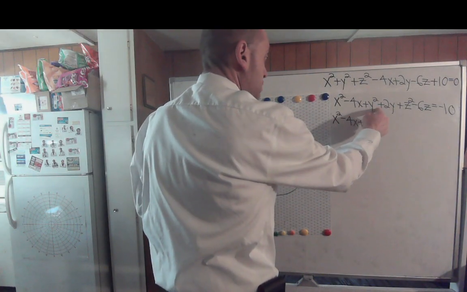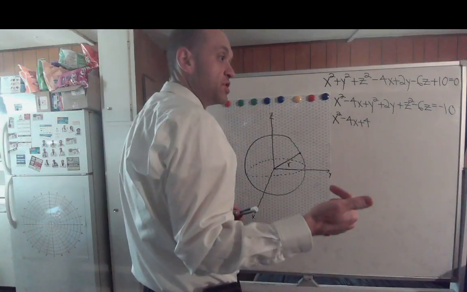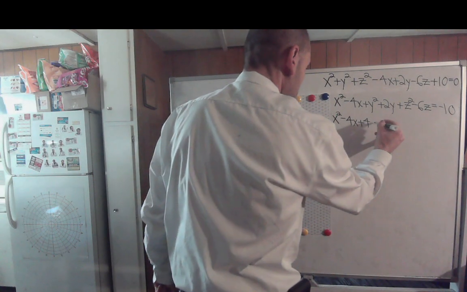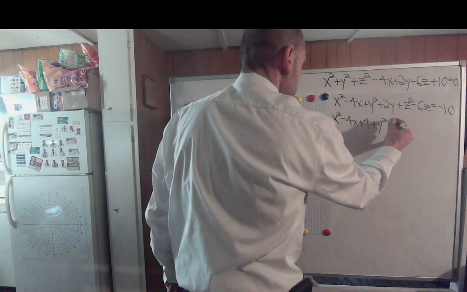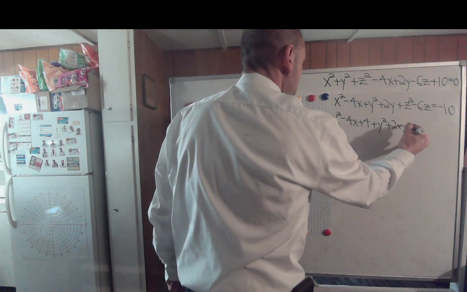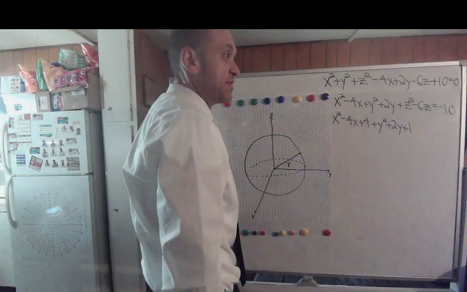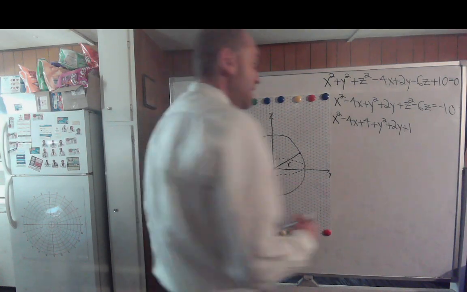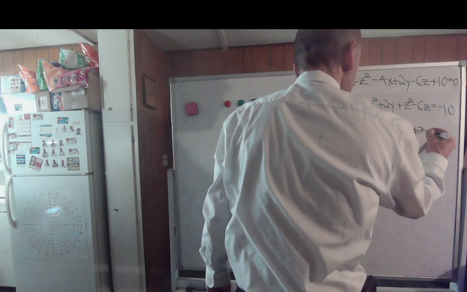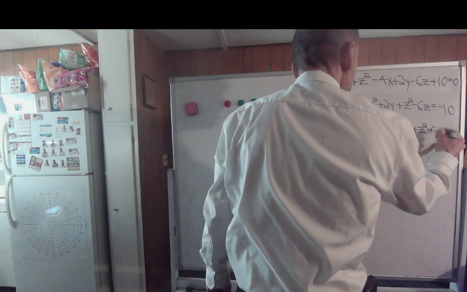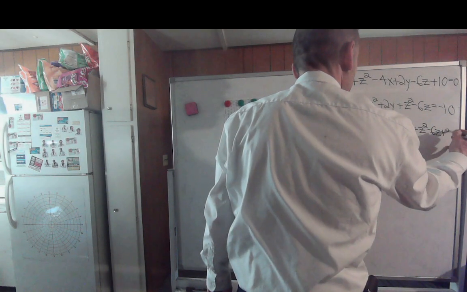So y squared plus 2y, well, half of 2 is 1. You square that, you get 1. So that'll be plus y squared plus 2y plus 1. And then with that z squared minus 6z, half of negative 6 is negative 3. You square that, you get positive 9. So you'll add positive 9.